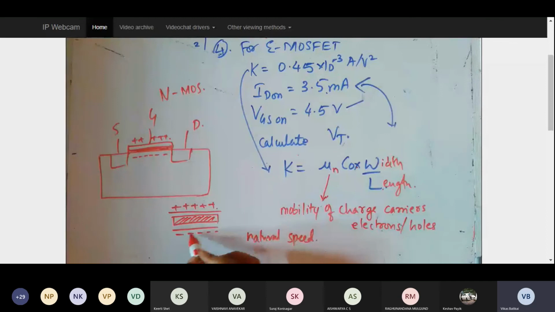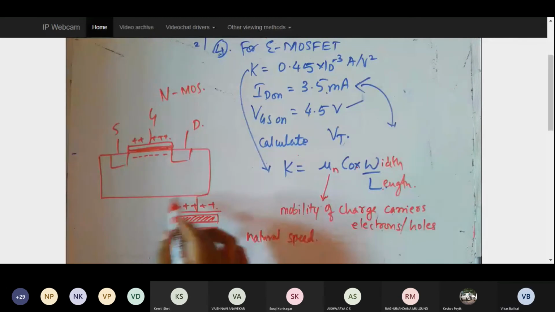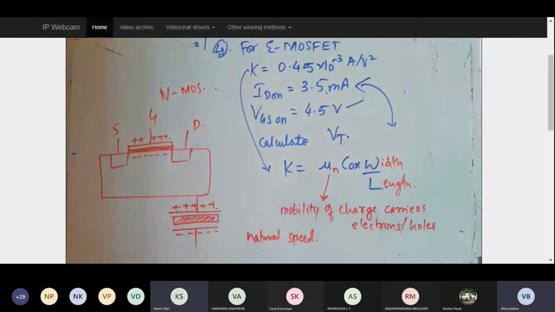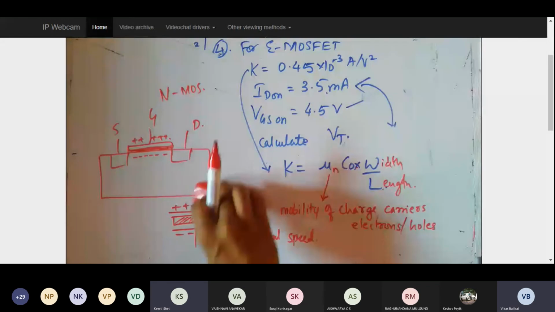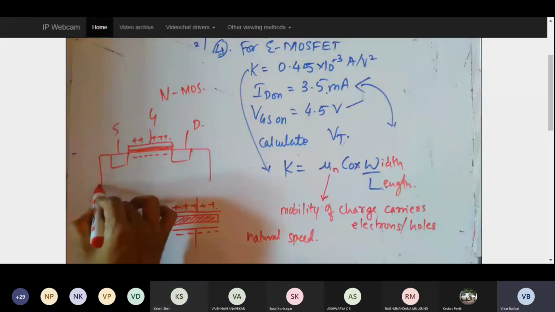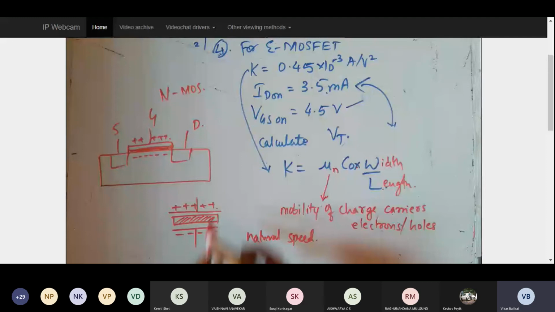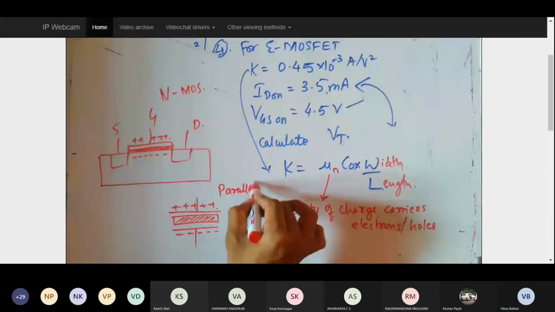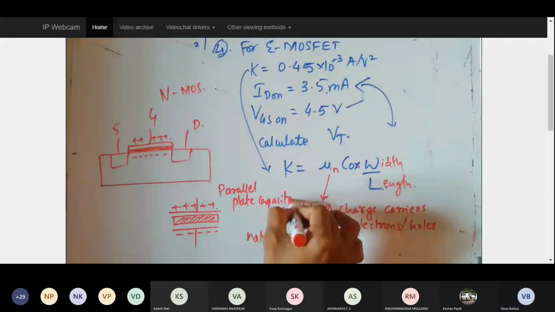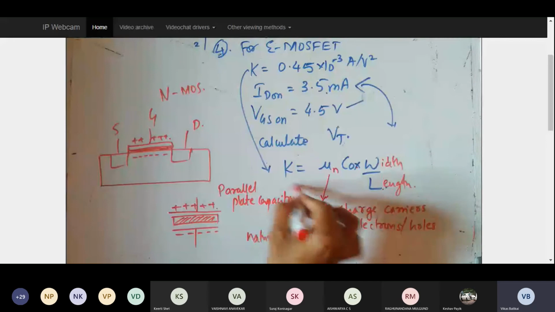Which structure is this? Quickly, where can you see this type of operation? PN junction? Not PN junction, parallel plate capacitor. Yes or no? Are you not sensing the same thing?